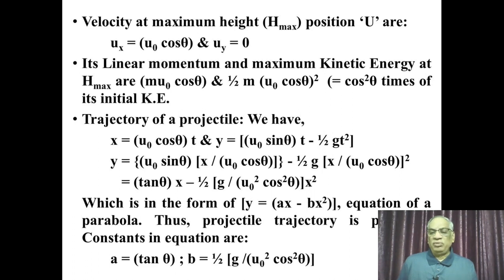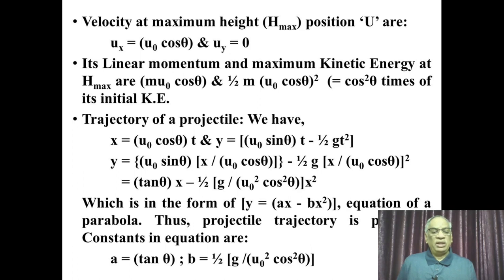Find out what type of path the projectile is following during its entire motion. So the trajectory of the projectile can be obtained from both coordinate equations: x = u naught cos theta t at any time t, and y = u naught sin theta t minus half g t square. Now eliminate t from the x coordinate equation, x = u naught cos theta t, so t = x by u naught cos theta. Substitute that in the equation for y.